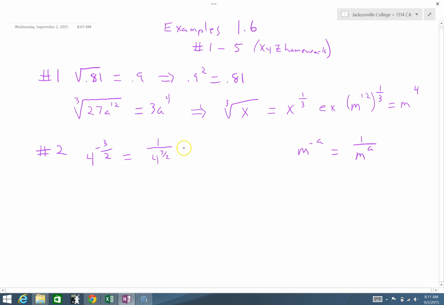All right. Well, when we have a fractional exponent, the bottom number, the denominator, is the root, and the top number is the power. So this 4 to the 3/2 is the same as 1 over 4 cubed and the square root of that.